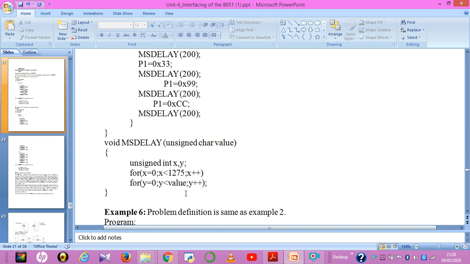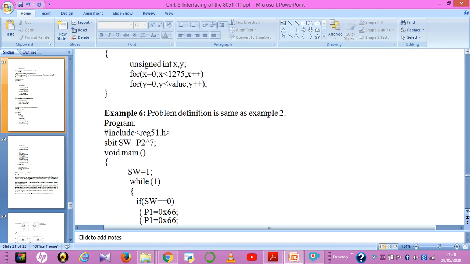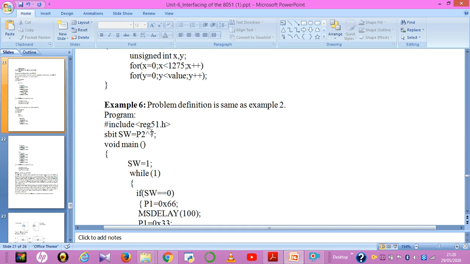After that, for the next program, I have given the depends-on-switch-status example. This is the way to declare a switch for a particular bit. This is a special function register; I have declared a particular bit using sbit. Switch is the name you have given.